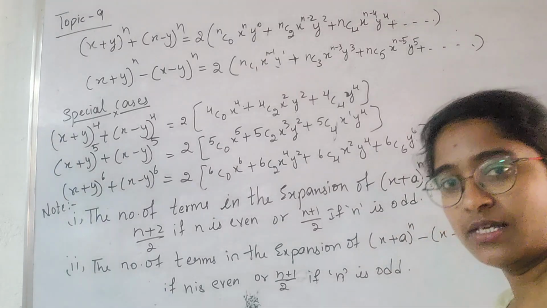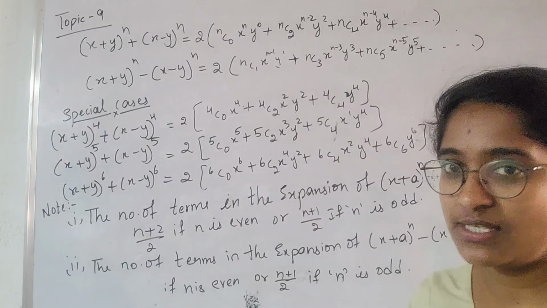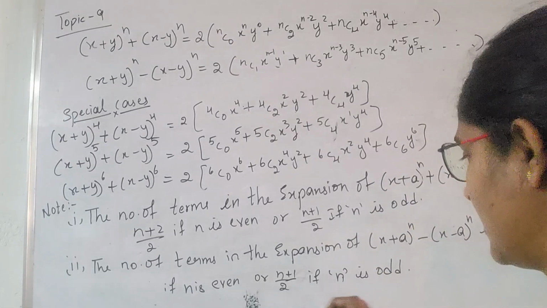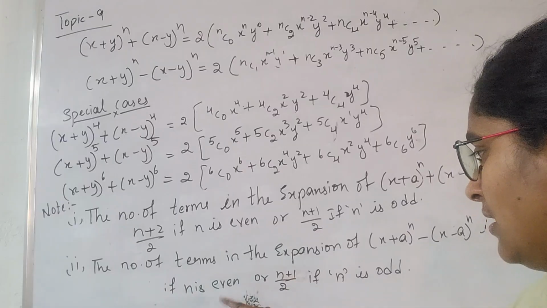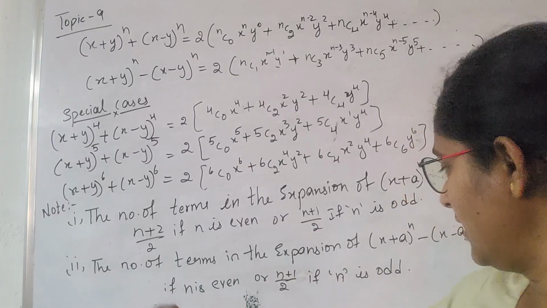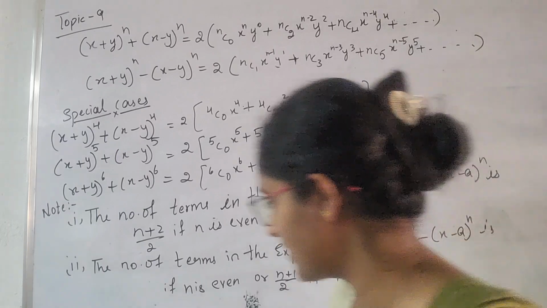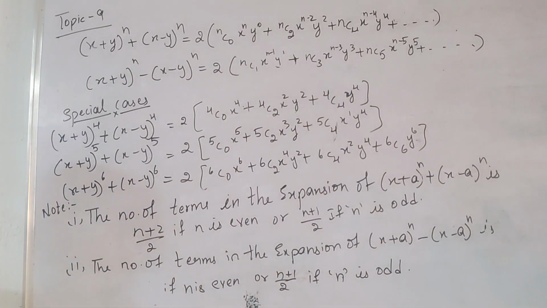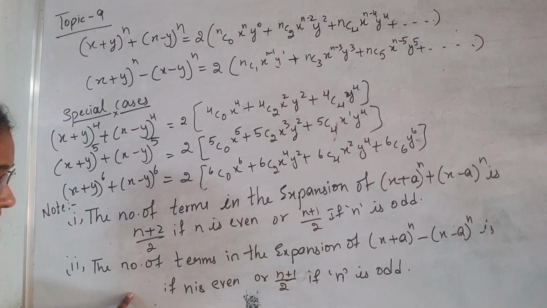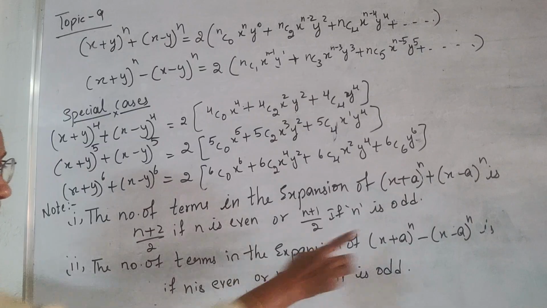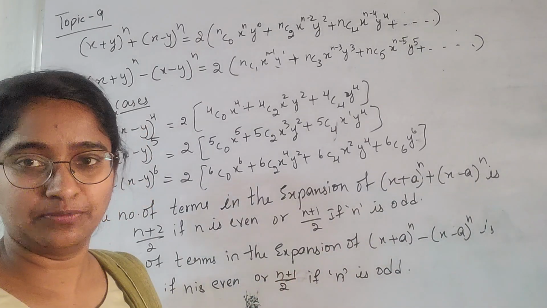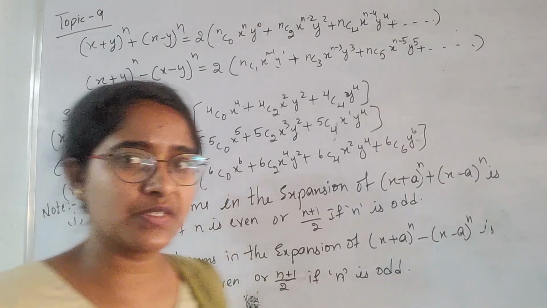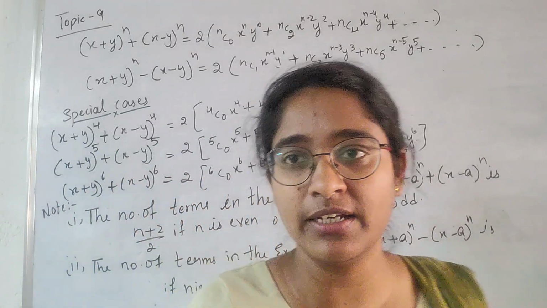If it is minus and n is even, we get n by 2; and if n is odd, then (n + 1)/2. So we'll do some problems based on this, then it will be very clear.